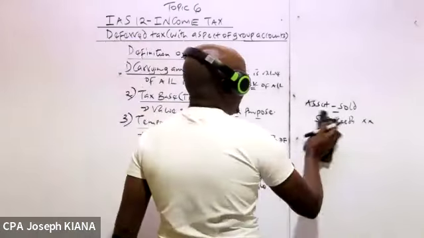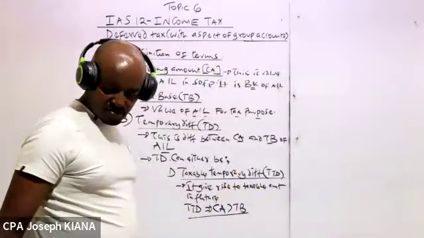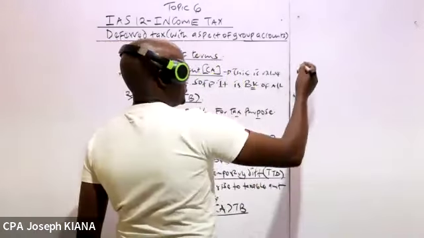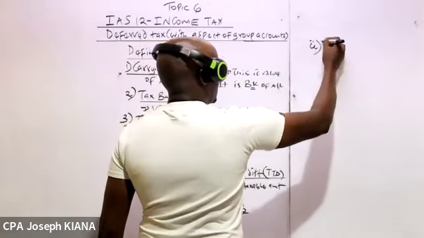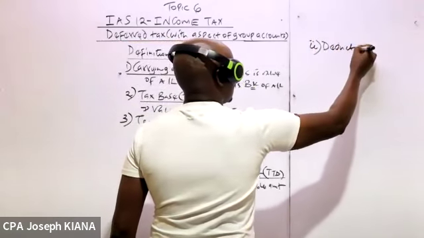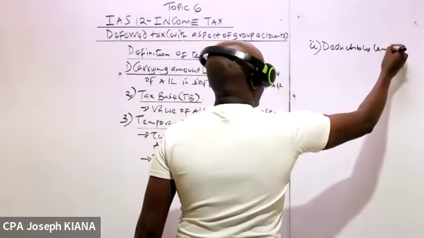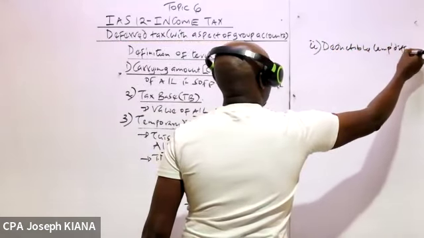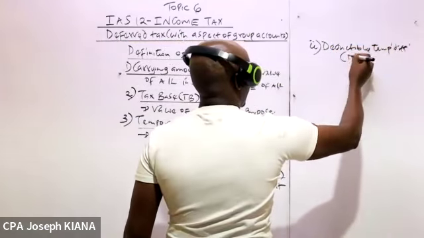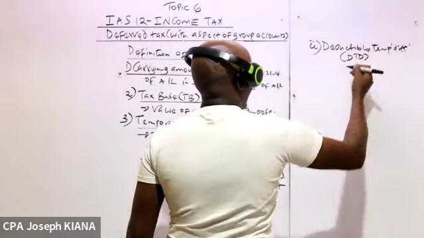Then from there we have the second type of temporary difference, number two, the deductible temporary difference, abbreviated as DTD.